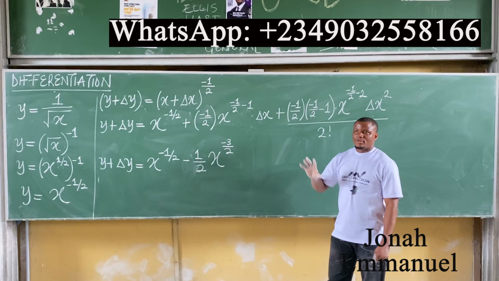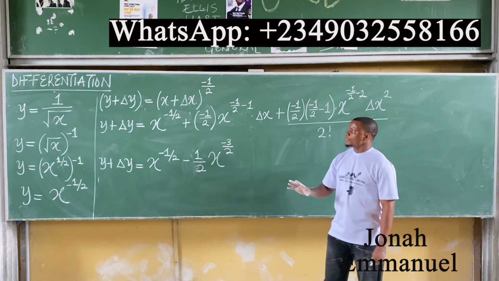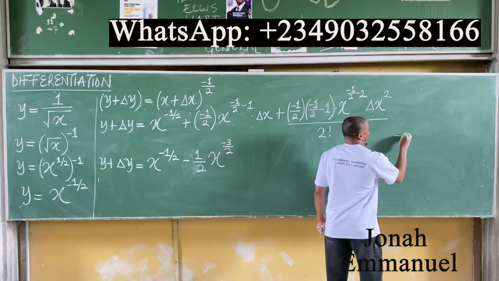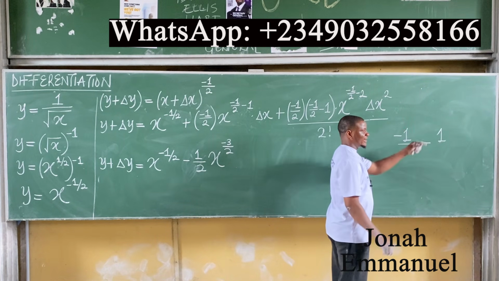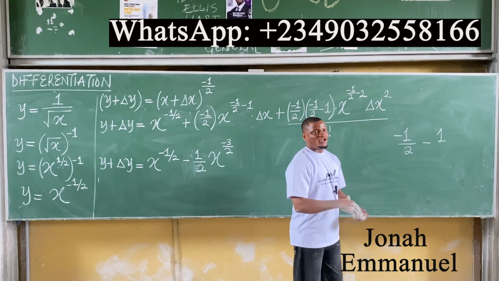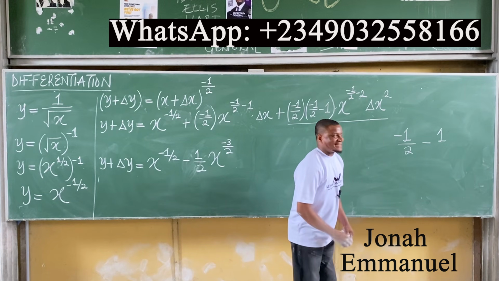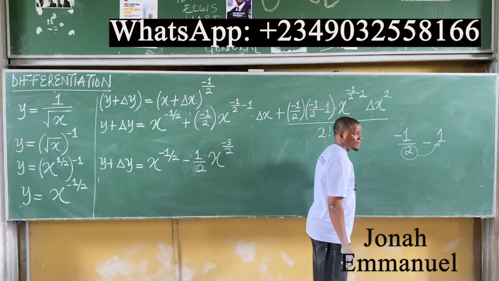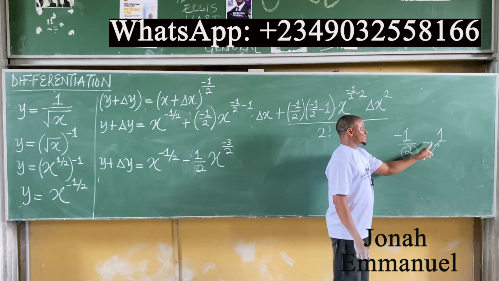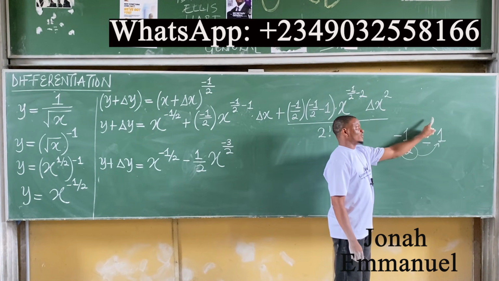Listen again. When you have something like this, minus 1 over 2 minus 1, a whole number here, before you pick up the calculator, I've given you your answer. How do I get my answer? Simple. Use the denominator to multiply the whole number. This becomes 2 times minus 1, which gives you what there? Minus 2.